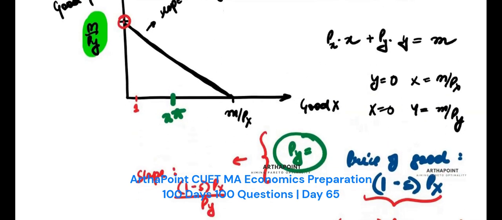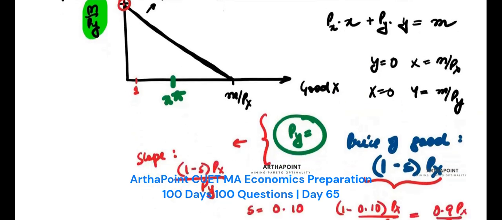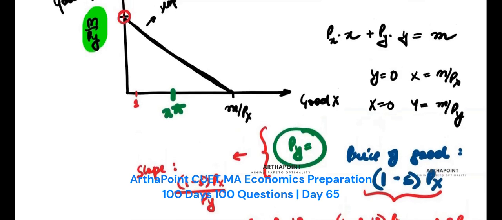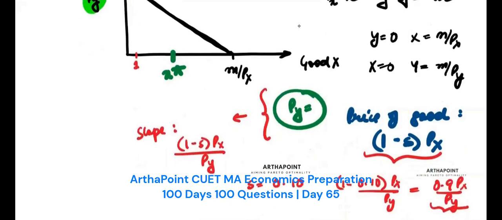I am going to get a flatter or steeper slope in this case. What kind of slope will I get? Okay, so basically my slope has fallen. My price of good X has fallen.